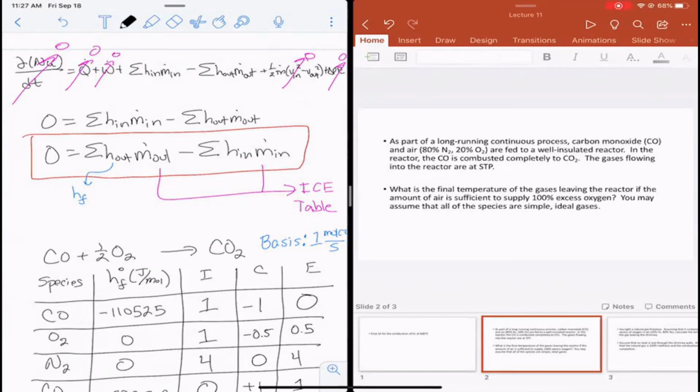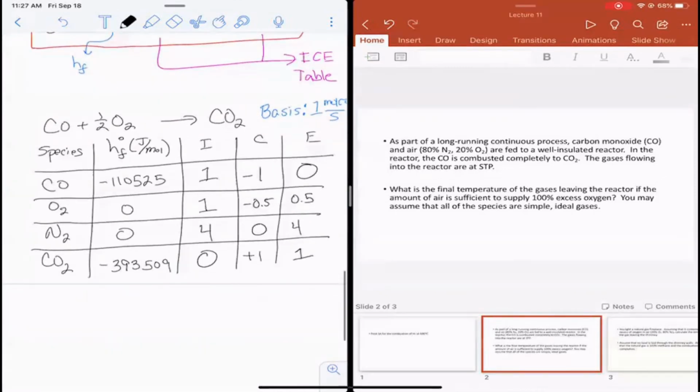Dr. Mustaine, could you explain how you got 1 initially for oxygen again? Yeah, sure. Does someone want to jump in and help with that? Isn't it because there's 100% excess oxygen? So since you already have 1/2 a mole, 100% more would be another 1/2 mole. So that's 1 mole total. Yeah, that's right.